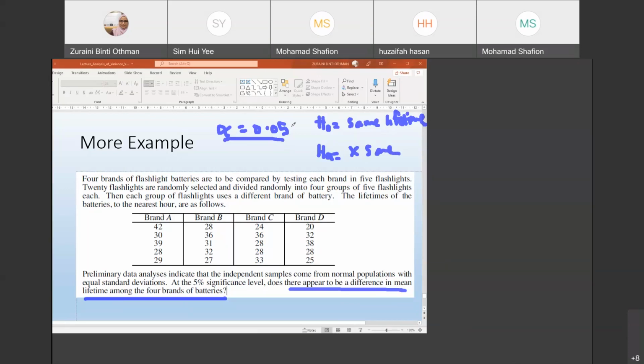Okay, now this is our significance level. If we do this in R, then we get our p-value. For example, our p-value is 0.15. This is the p-value that we get from R. If we create this table and fit the model, for example aov with the formula, we get the p-value 0.15.